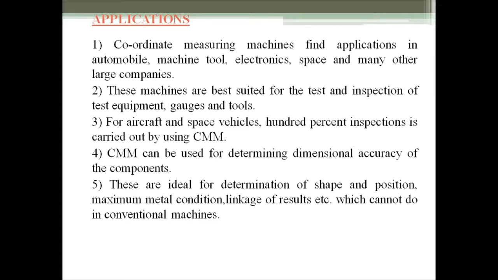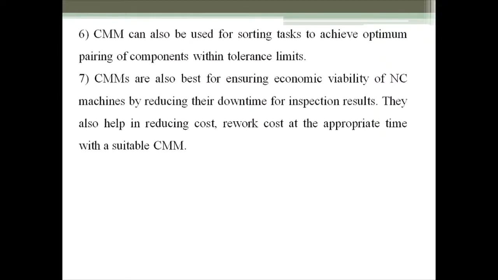The CMM can also be used for sorting tasks to achieve optimum pairing of components within tolerance limits. And the last application is that CMMs are also best for ensuring economic viability of NC machines by reducing their downtime for inspection results. They also help in reducing rework cost at the appropriate time with a suitable CMM.